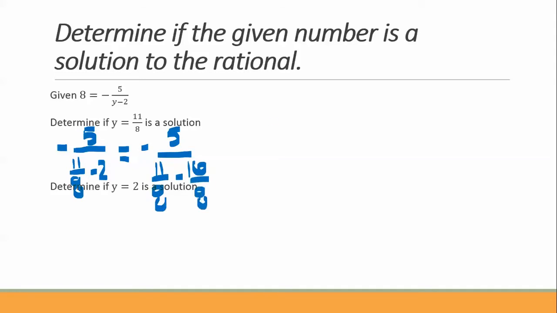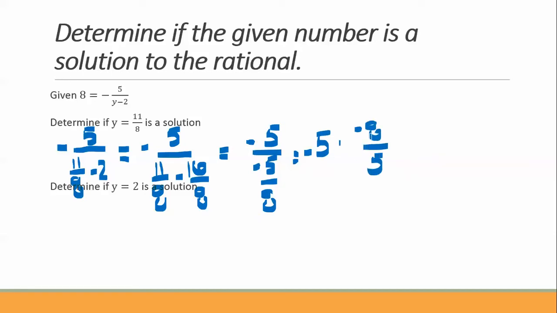Remember how to find an equivalent fraction. So that's negative 5 over negative 5 over 8. Complex fractions, we multiply by the reciprocal. So that's negative 5 times negative 8 over 5. The negative times negative is positive, and the 5's divide out, so we get positive 8. So that checked out. So this is a solution. y equals 11 over 8 is a solution.